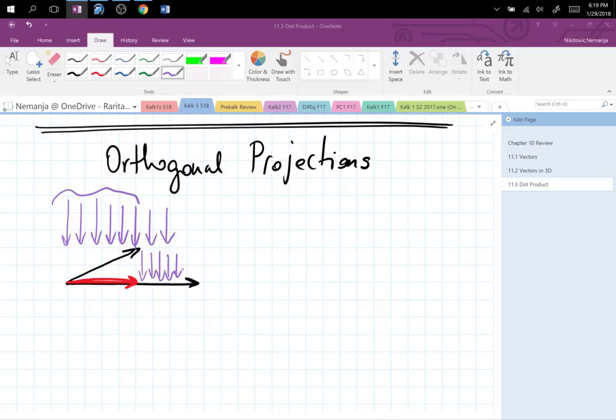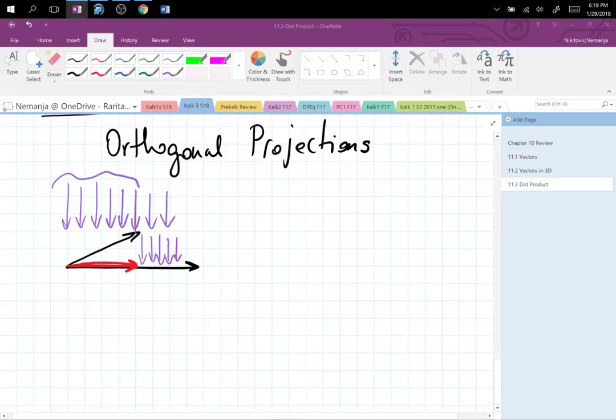So what I have here is, we call this vector u and we call this one vector v, right? The red vector is called projection of vector u onto vector v.